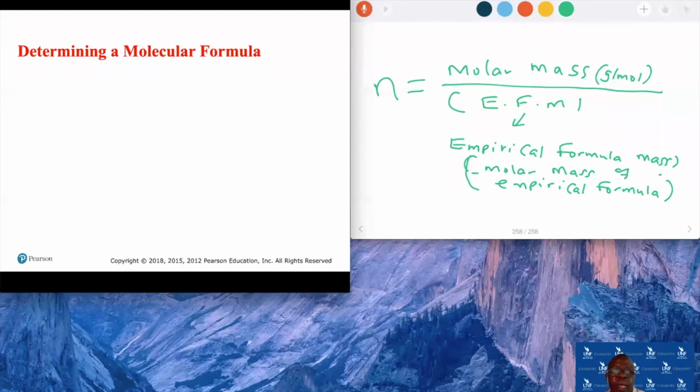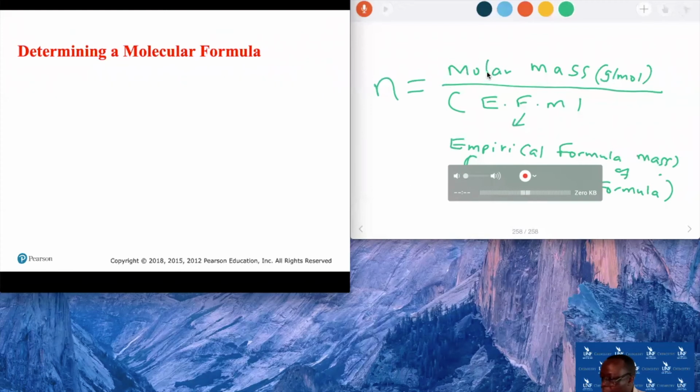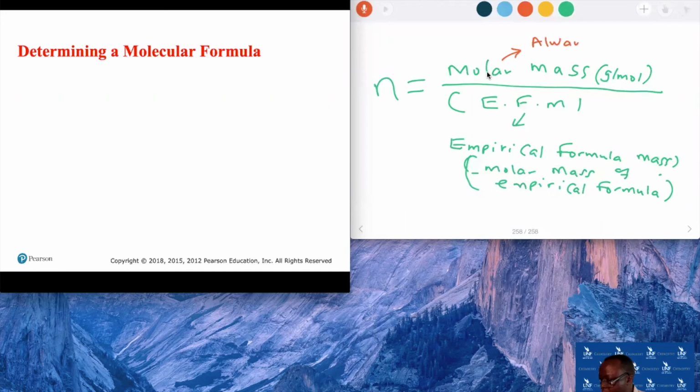To get the n value in determining the molecular formula, n is determined from the molar mass, which is always given. I've seen for most problems, you'll always be given the molar mass of a compound.